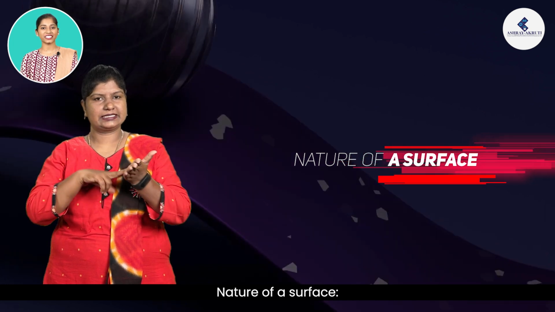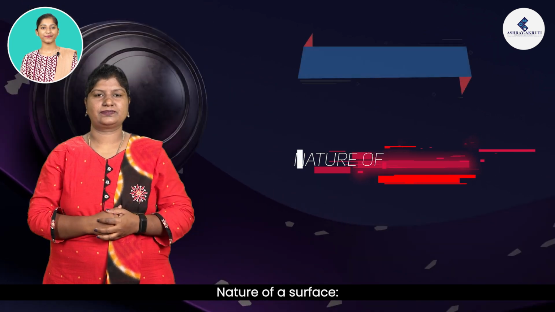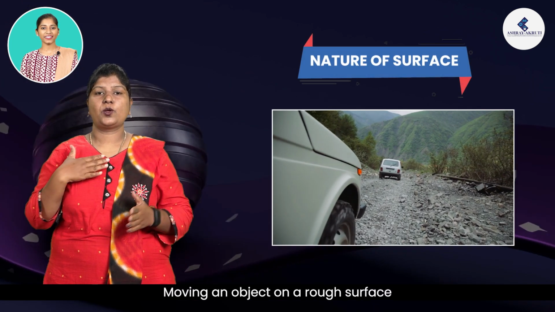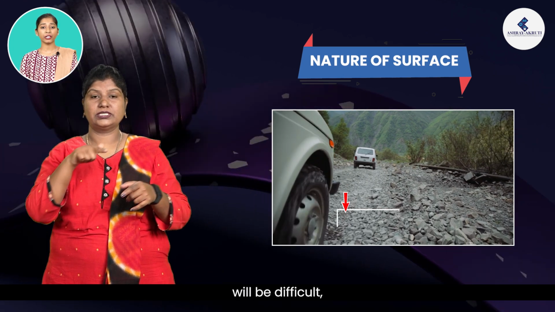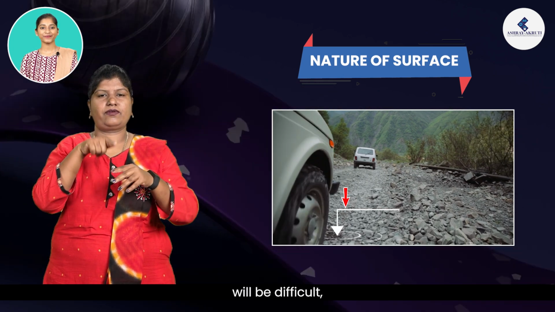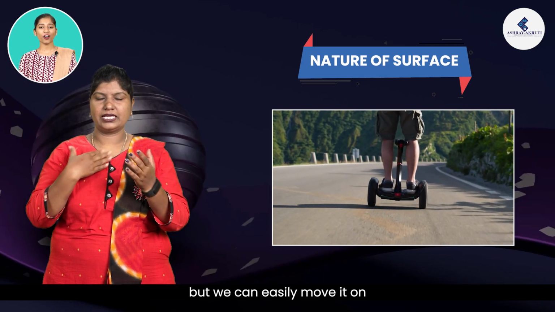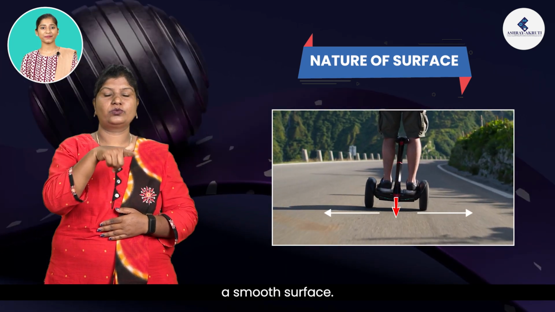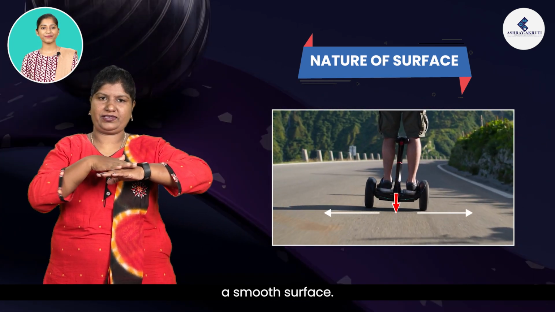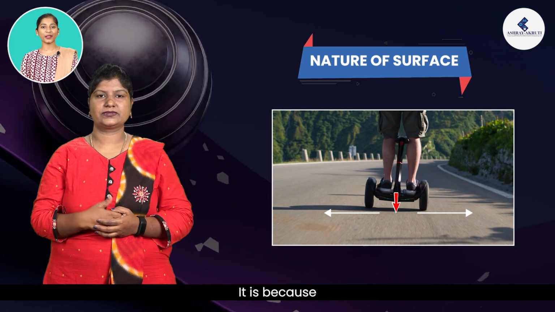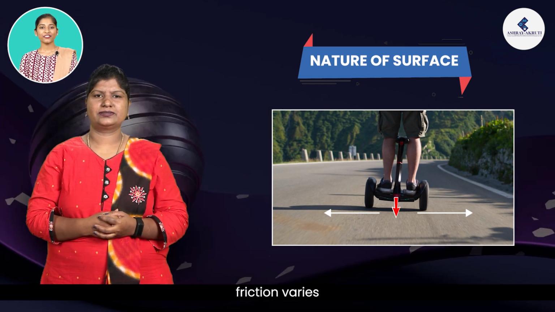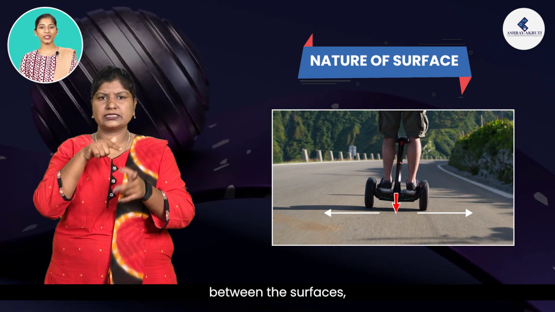Nature of a surface. Moving an object on a rough surface will be difficult. But we can easily move it on a smooth surface. It is because friction varies between the surfaces.